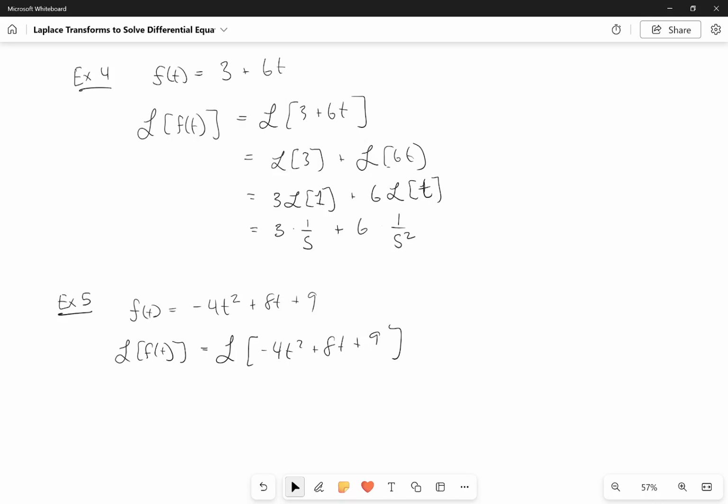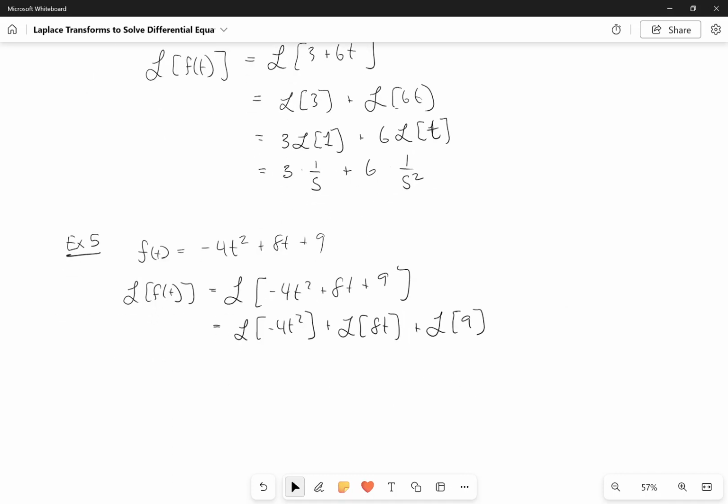All right, so what's that? Well, using the linearity properties that we just saw, we can do them individually. And then we can apply the second rule.